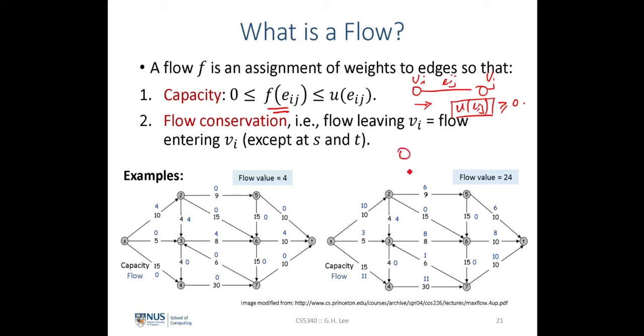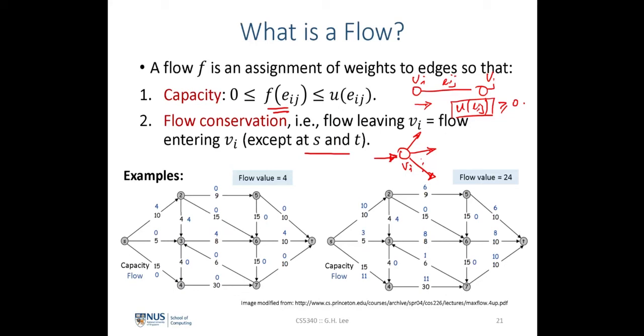Given a particular node Vi, the sum of all the flow coming in through its incoming edges must equal the sum of the total flow going out, with two exceptions: the source and the sink node. The source node is the one generating the flow, and the sink node is the one taking in all the flow generated from the source node.